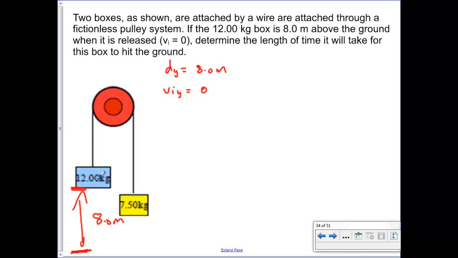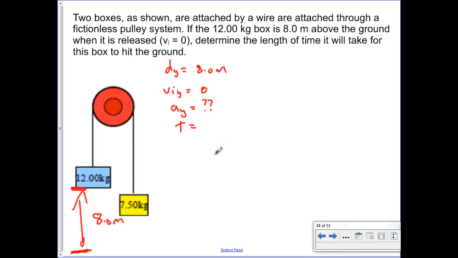But this box isn't working just due to gravity, because this 7.5 kilogram box on the other side is kind of like a counterweight. So we don't actually know the acceleration in the y direction yet. Our goal is to find the acceleration so that we can then use it in one of our kinematics formulas to solve for time. Does that make sense?